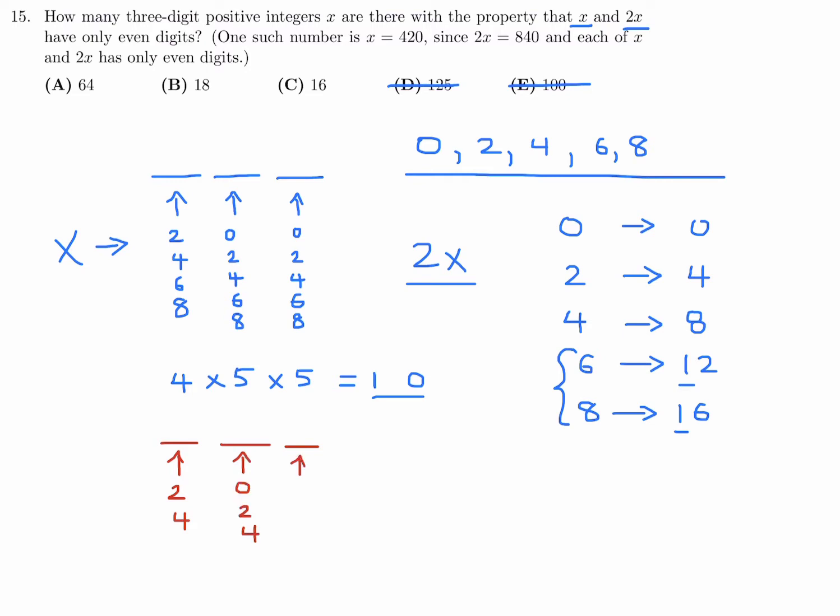And for the third digit, again, I can use 0, 2, or 4. So now I've got 2 possible choices for the first digit, 3 for the second, and 3 for the third. 2 times 3 times 3 is 18. And that is the correct answer, where both x and 2x will only have even digits. So number 15, the answer is 18, and that is choice B.